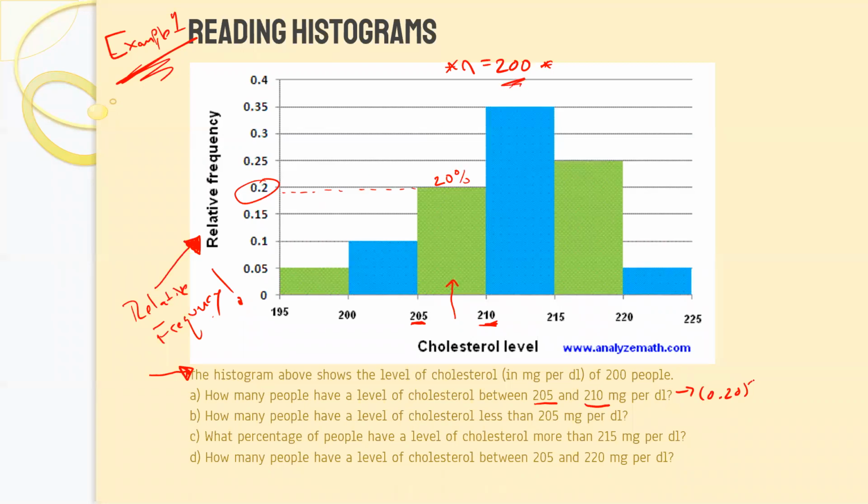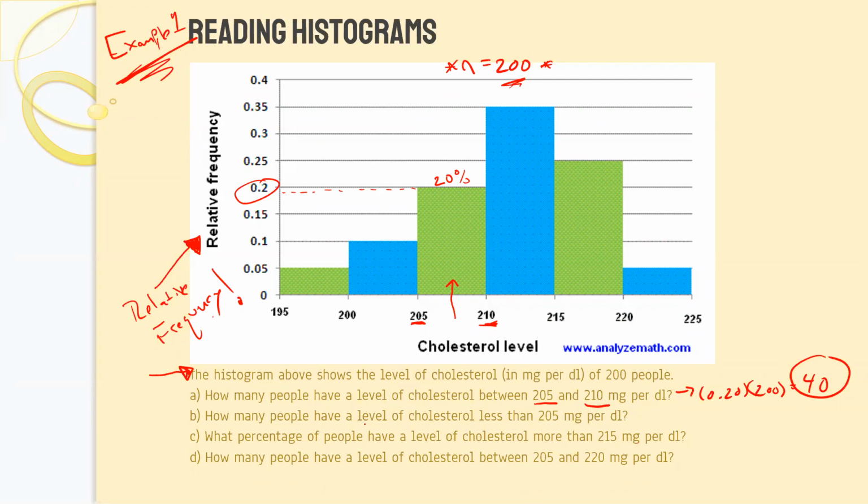So 0.20 times 200 would get you 40 people. That would be the correct answer. I'll be honest with you, on your first exam, I probably will try to trick you up a little bit like that, so you're getting a warning now. Just read these problems very, very carefully.